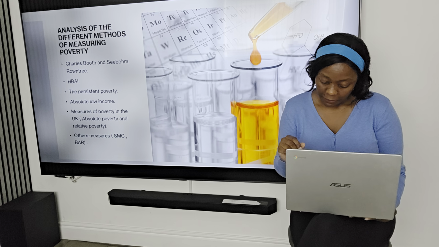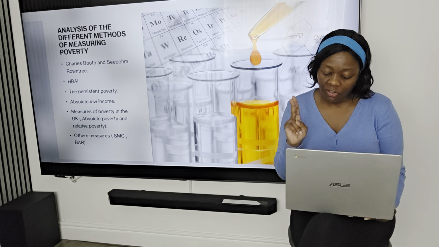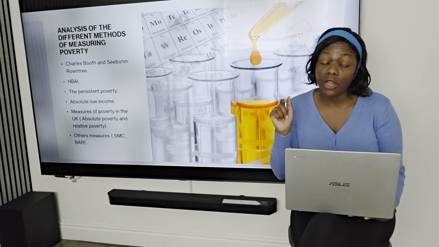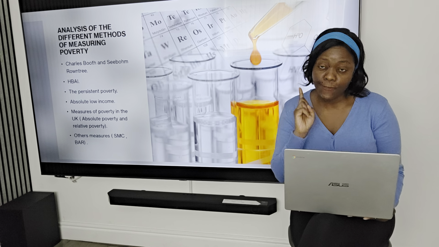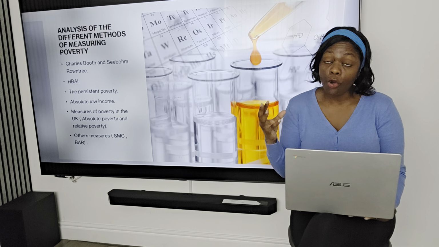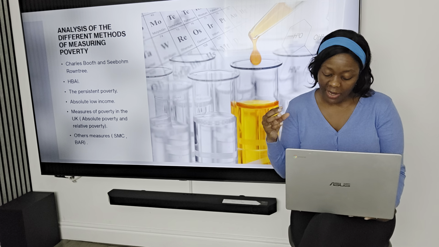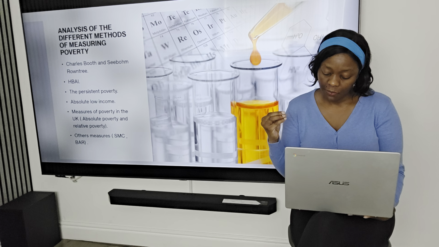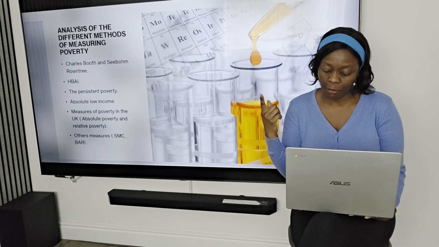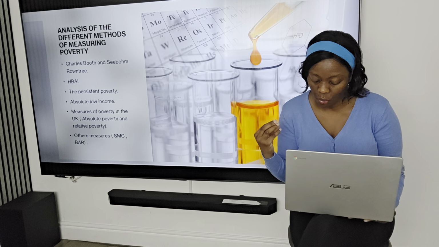Moreover, and to be more specific, there are 2 different measures of poverty in the UK actually used by the government. The first one is absolute poverty, that measures the current number of people who can afford a basic standard of living. In this category, people have 60% less money than the average household.